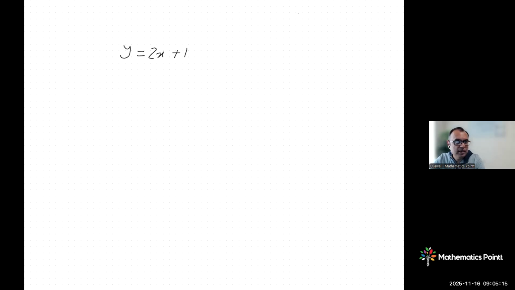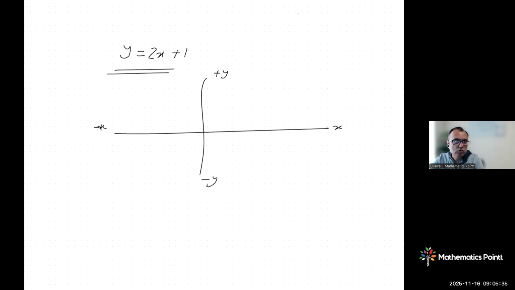All right. So now what we are going to do is graph this. I'll draw a Cartesian plane here: this is x, this is negative x, this is positive y, and this is negative y. In order to graph a linear relationship, we talked about why it's linear, the degree is 1, so I'll not go in that direction anymore.